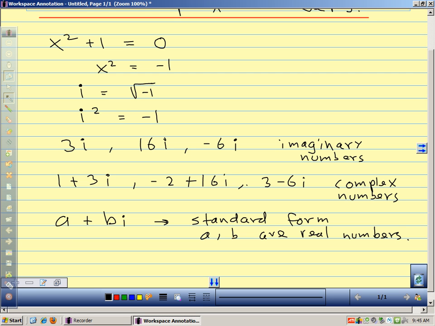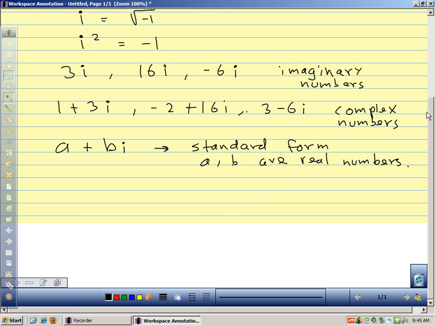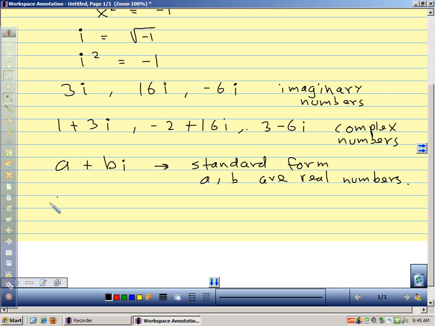If we have two complex numbers, they're equal only if their real part and their imaginary part are both equal.